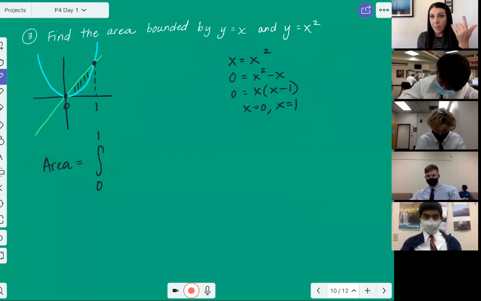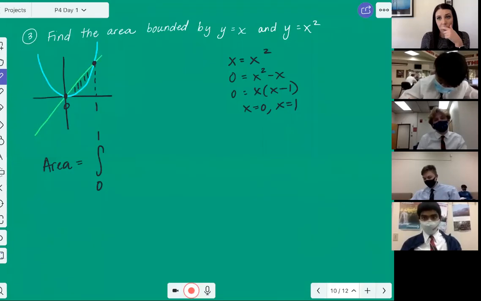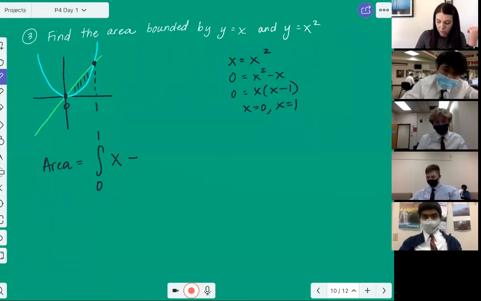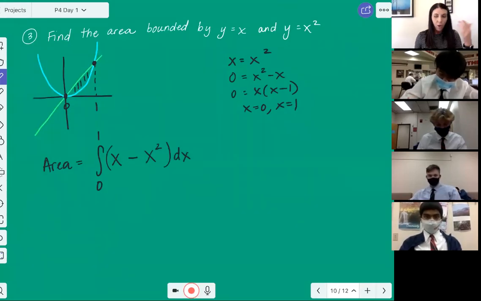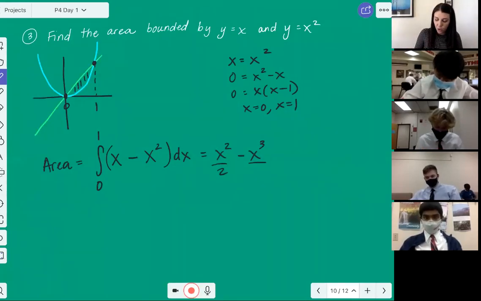Now what I need to set up is top minus bottom. So our top equation here would be which equation? Oh, I guess we're about out of time. Our top equation would be the linear function. So we would have x minus, and then our bottom function would be x squared. And again, don't forget your dx. From here, all you're doing is taking the antiderivative, x squared over 2 minus x cubed over 3.